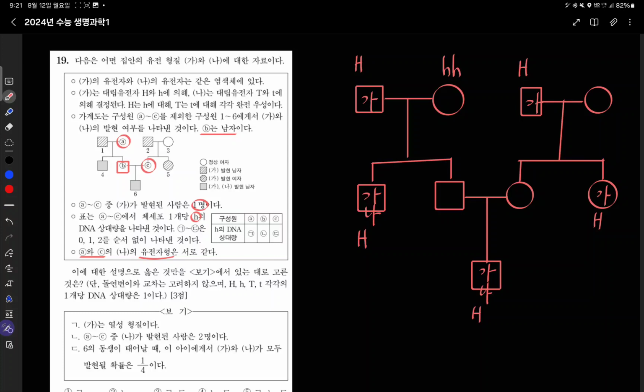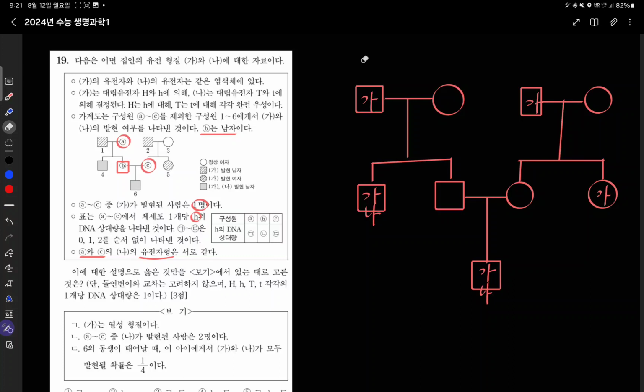So that means if the genes are on the X chromosome, the first trait is not dominant. So let's assume that the first trait is recessive.